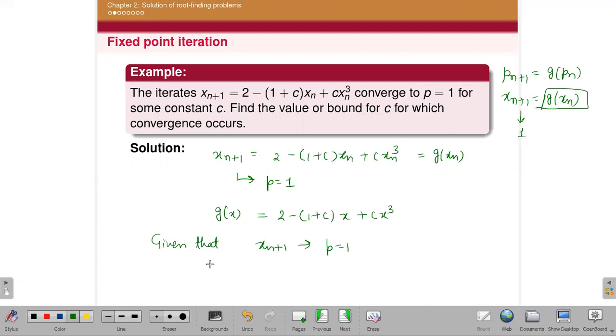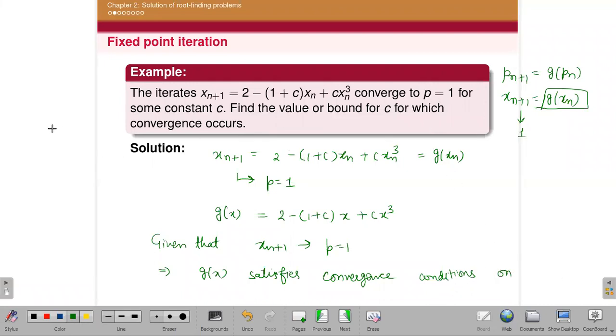So what it means, this g of x satisfies all the three conditions in which interval? Can you tell me the interval? What do we take for the interval? It means g of x satisfies the convergence condition on which interval?